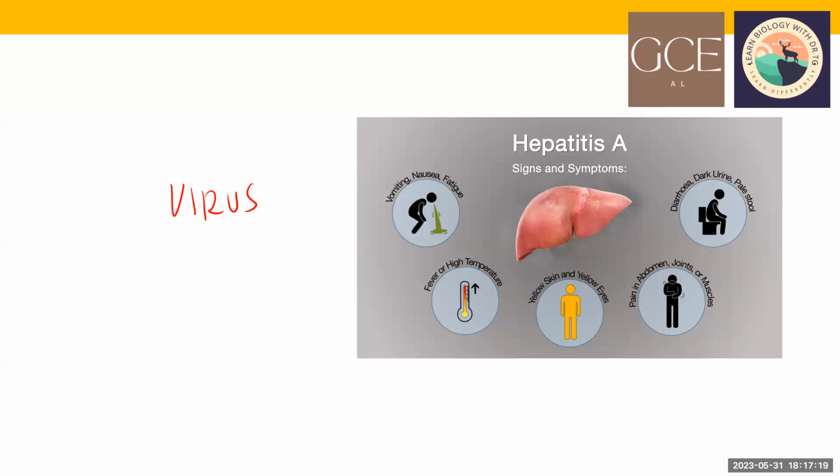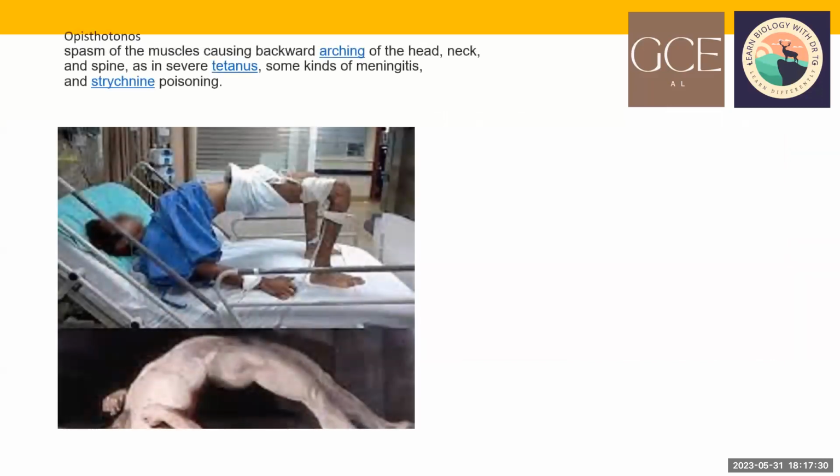So we can inject antibodies for certain diseases. Then it works. Hepatitis A is one disease, and the other one is tetanus. Tetanus is caused by a bacterium, Clostridium tetani.